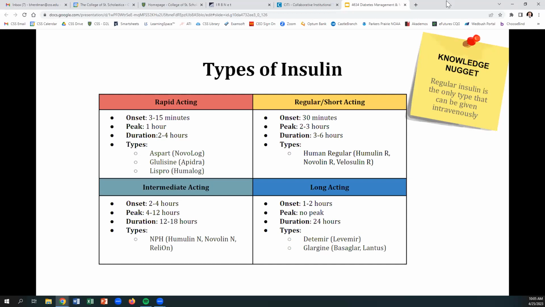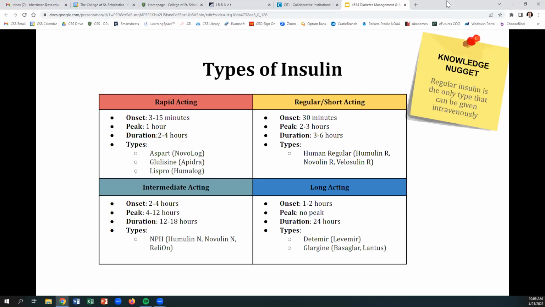But what fixed dose insulin means is that you will give this insulin to the patient no matter what their blood sugar is. If their blood sugar is really high, you will give this insulin to them at the prescribed dose. If their blood sugar is really low and they're hypoglycemic, you would still give this insulin to the patient, that prescribed dose. And I'll tell you why here in just a little bit.